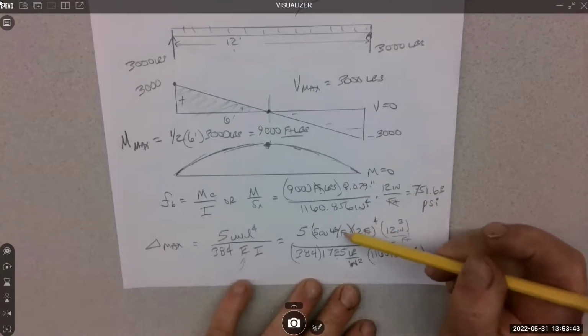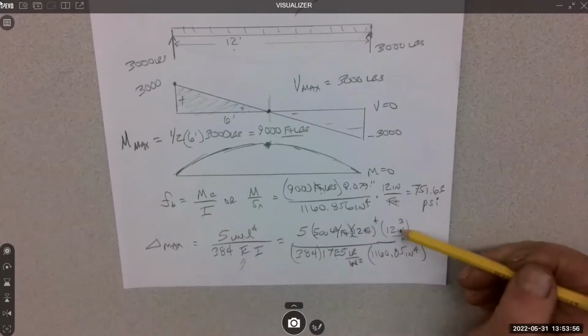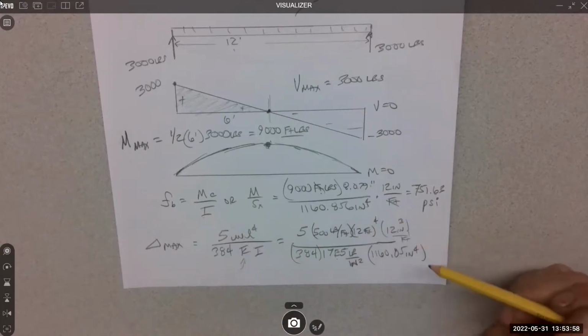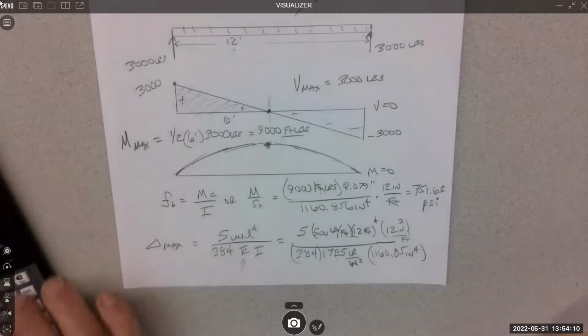Now all of those feet go away, and all the units work out then. Pounds go away, inches squared flip up, combine with these inches to the 4th down below. So it's a bit of a unit nightmare, but if you get it all to inches, it will work out. Now I got to calculate it though.